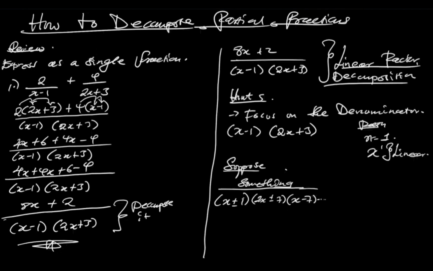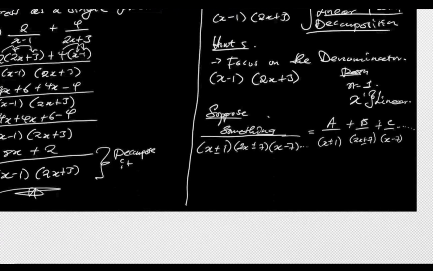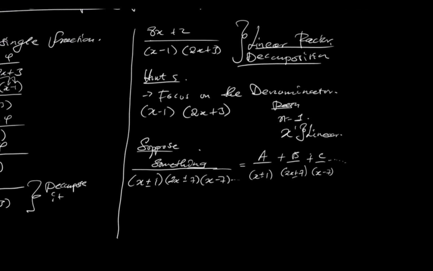When it comes to this, how it decomposes, we'll say a over the first factor, which is x plus or minus 1, then plus b over the second one, 2x plus or minus 7, plus c over x minus 7, and so on and so forth, depending on the number of factors you have at the bottom. If I had another one, I would say plus d over the same factor that I'll have. Is it clear? All right.